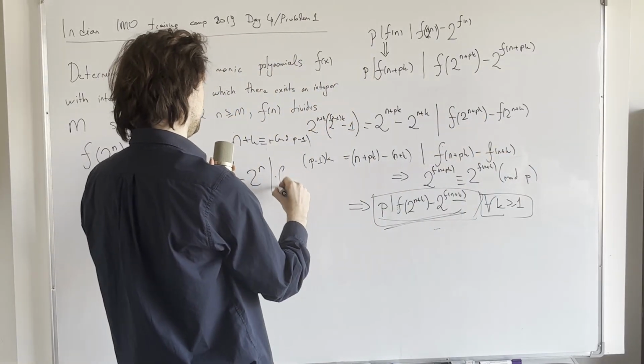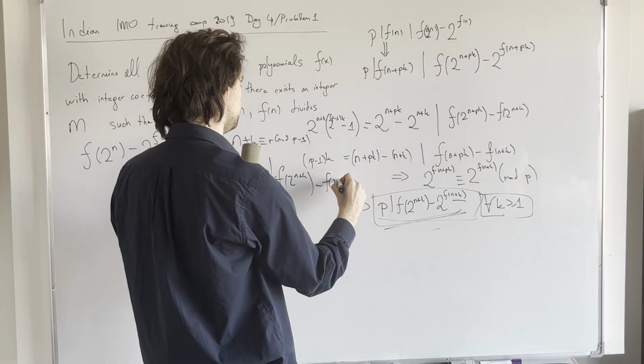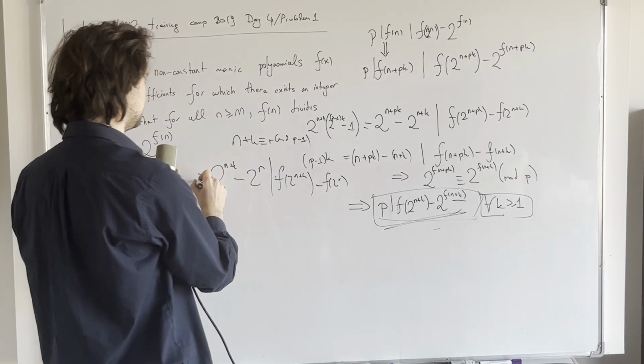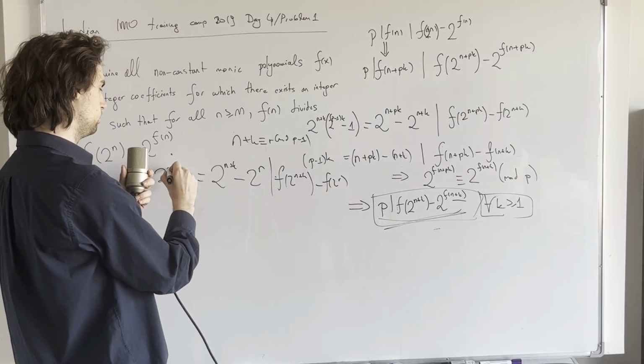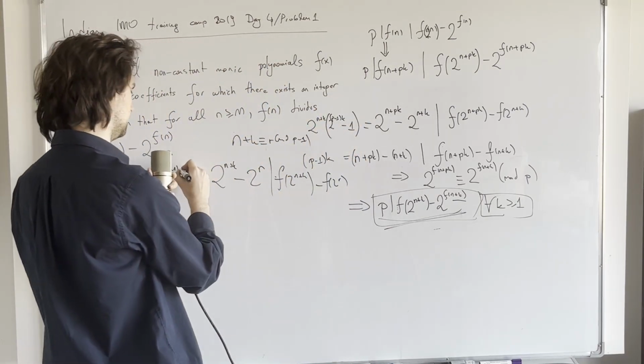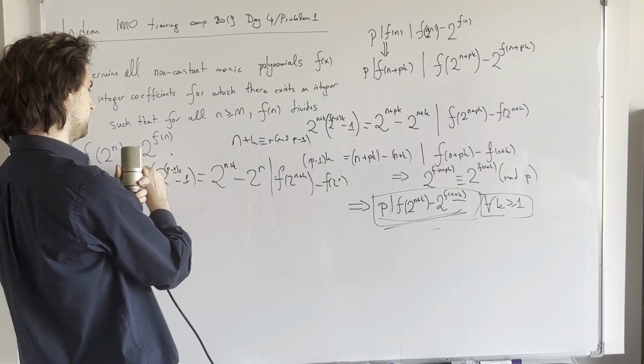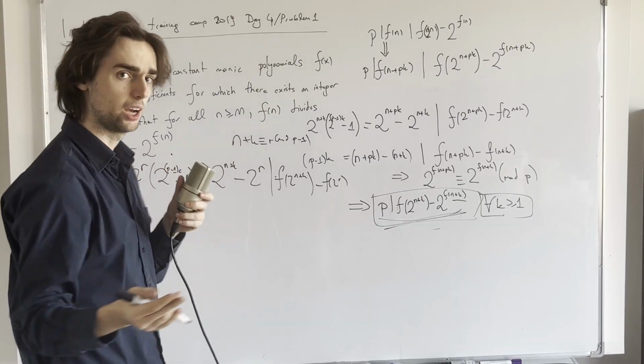It divides f of 2 to the n plus k minus f of 2 to the r. And this thing right here is 2 to the p minus 1 times some constant c, minus 1, times 2 to the r.